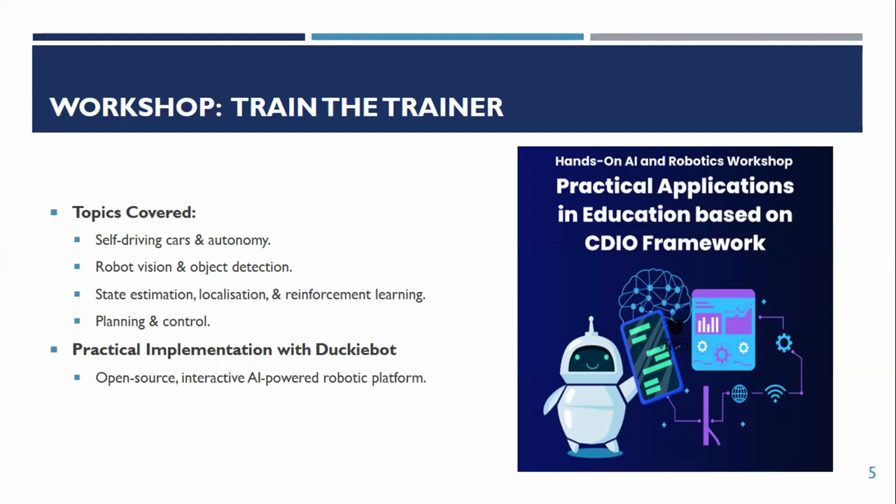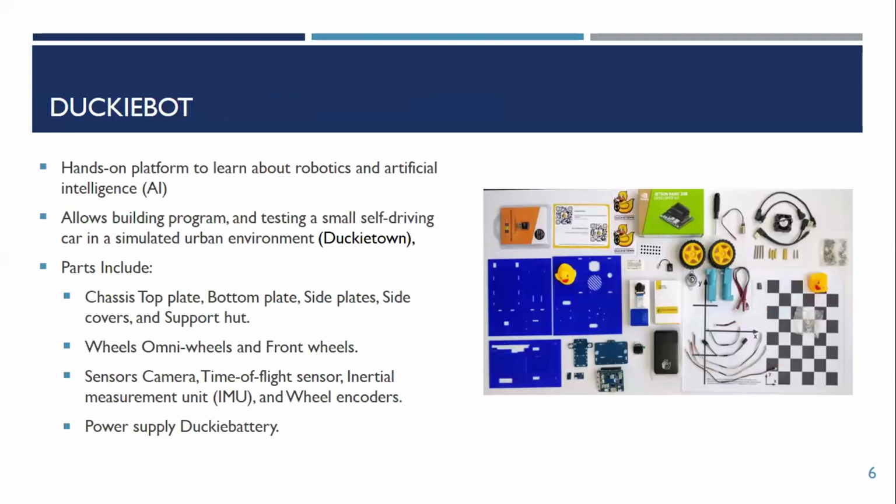In this workshop, the key element was that we used the custom off-the-shelf robot, the Duckiebot. The Duckiebot is a hands-on platform to learn and develop AI and robotics activities, particularly in the context of autonomous systems. This allows students to build, program and test small self-driving cars in a simulated urban environment, which is Duckietown in our case.